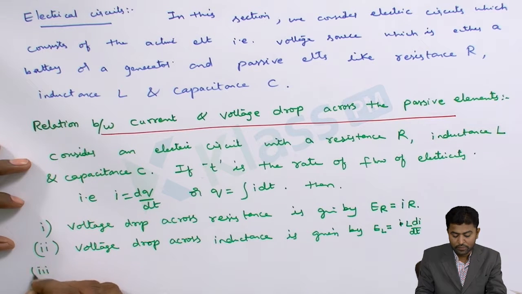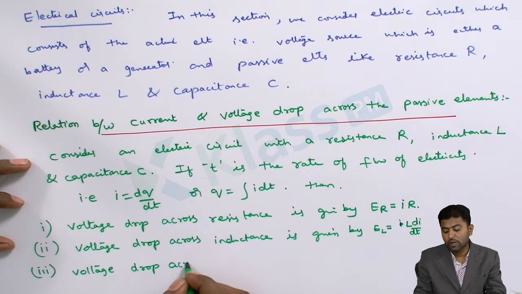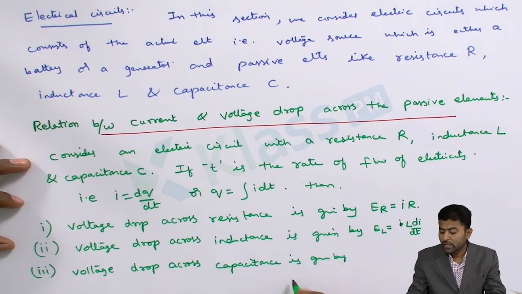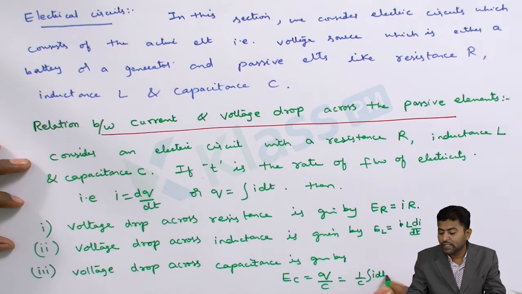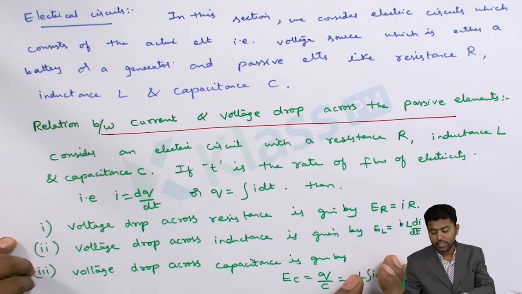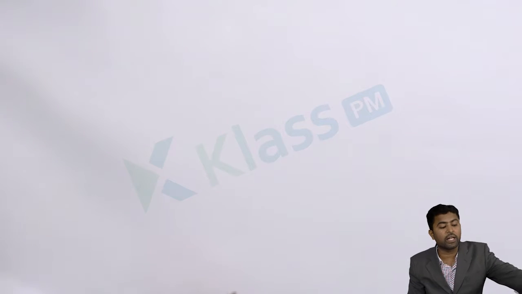And the third is the voltage drop across capacitance, given by E_C is equal to q by C, or we can write it as 1 by C integral of I dt. Why? Because q can be written as integration of I dt. This is regarding the relation between current and voltage drop across the three passive elements.